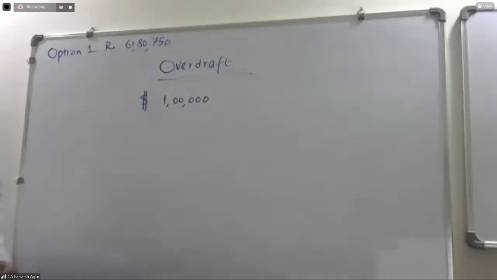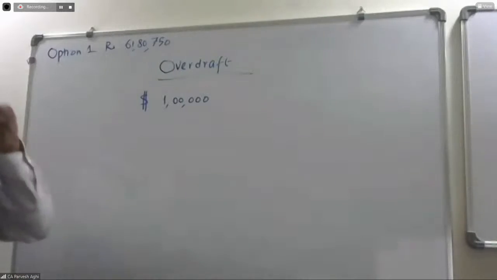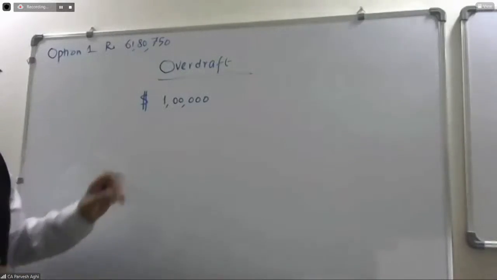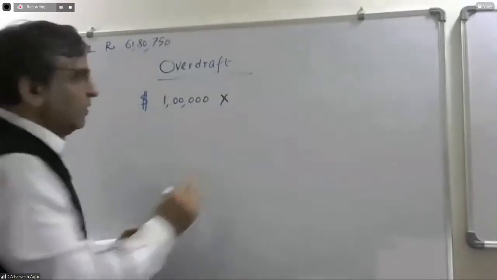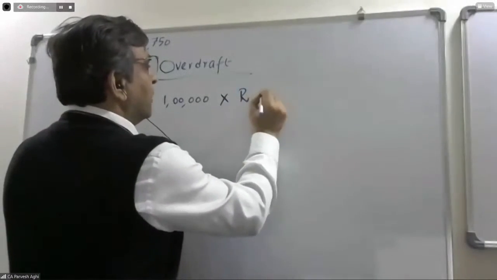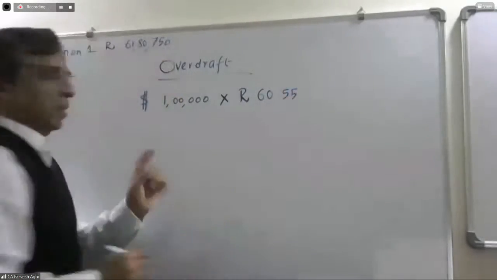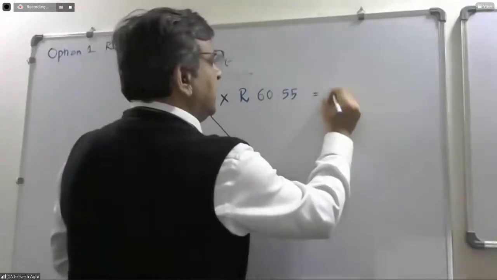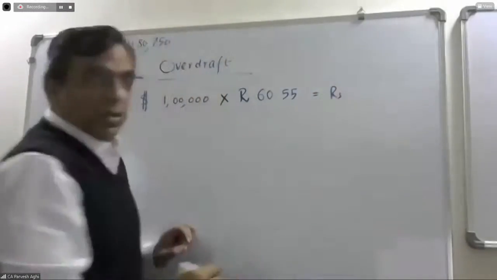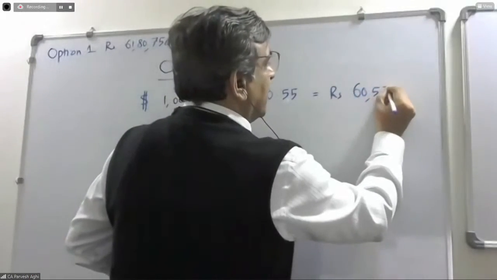Here he doesn't have to pay any interest to the exporter. 1 lakh multiplied by the current spot rate, which is given as rupees 60.55. So this is the current rate, and he has to pay rupees 60 lakhs 55,000.